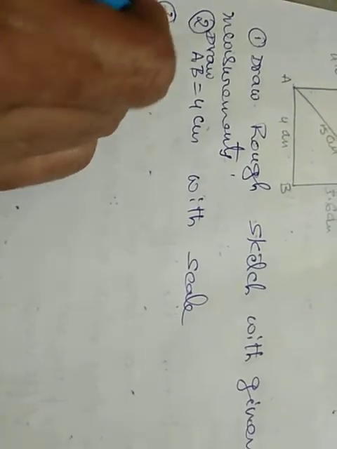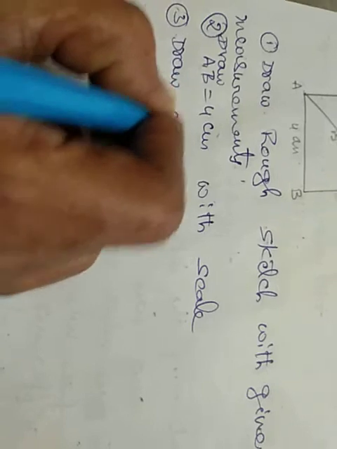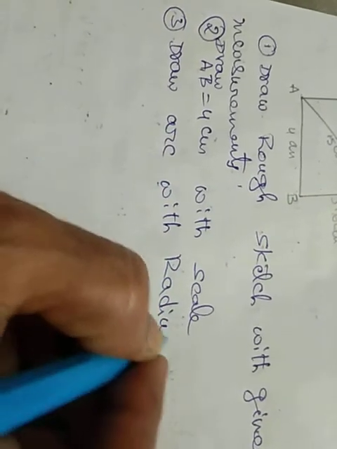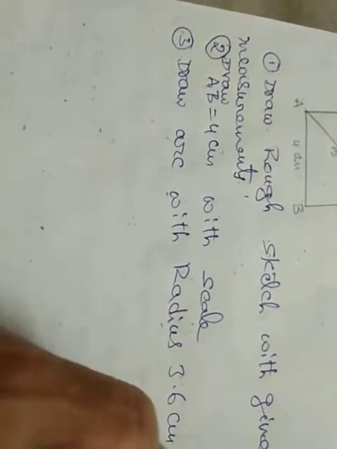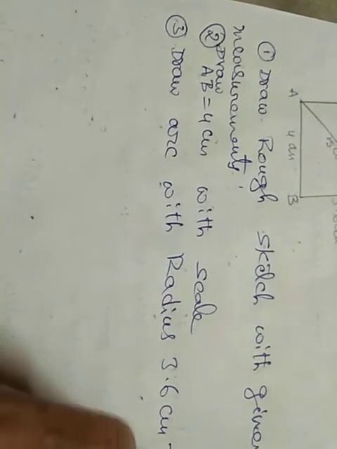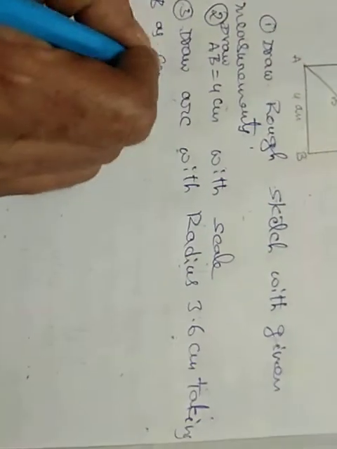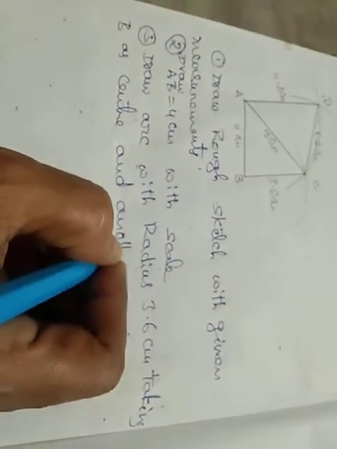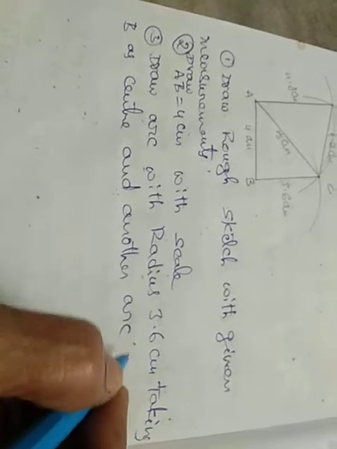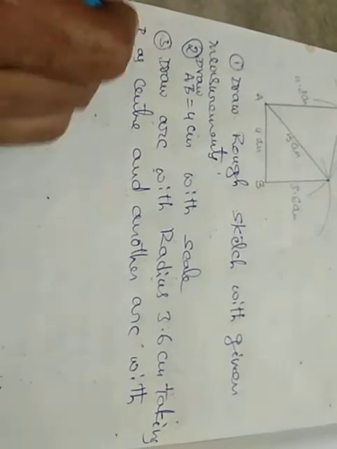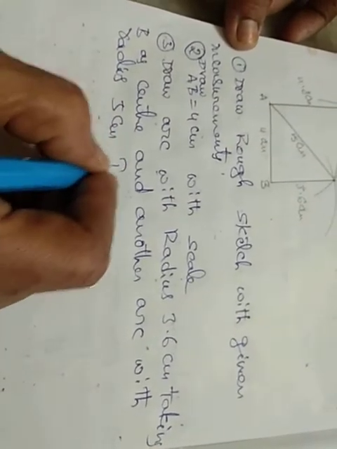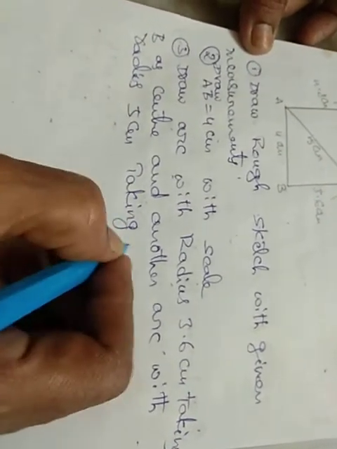Third one, draw an arc with radius 3.6 centimeters, taking B as center, and another arc with radius 5 centimeters, taking A as center.